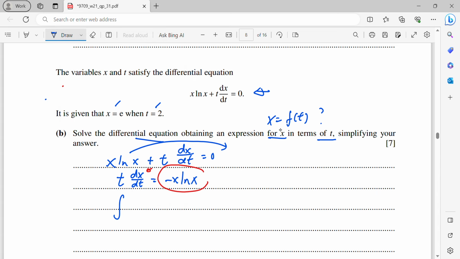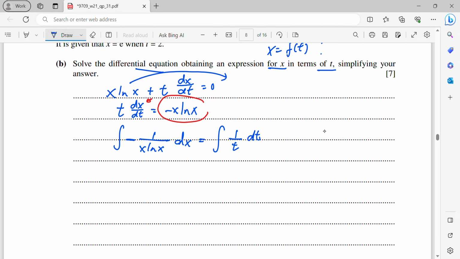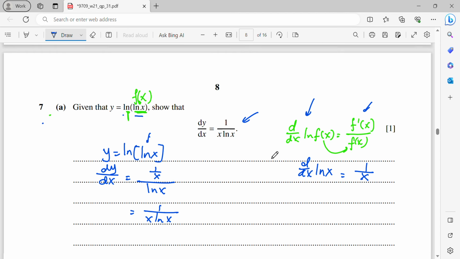Okay, and now I will move down the negative x ln x because your dx is the numerator. Means that I will get negative 1 over x ln x dx equals to integrate the t move down. So 1 over t dt. So when you split the variables, make sure you put the integration signs at the same time. So now to integrate 1 over x ln x, go back to this definition.